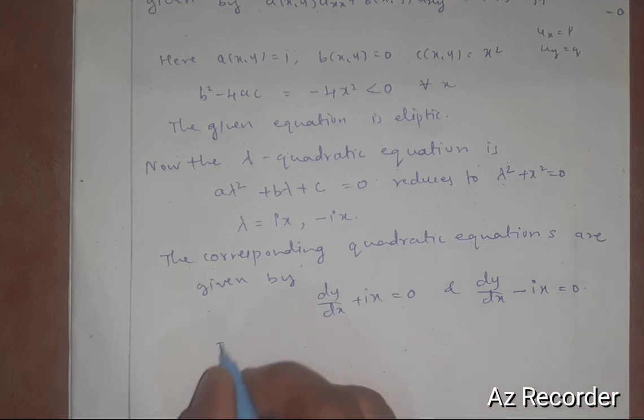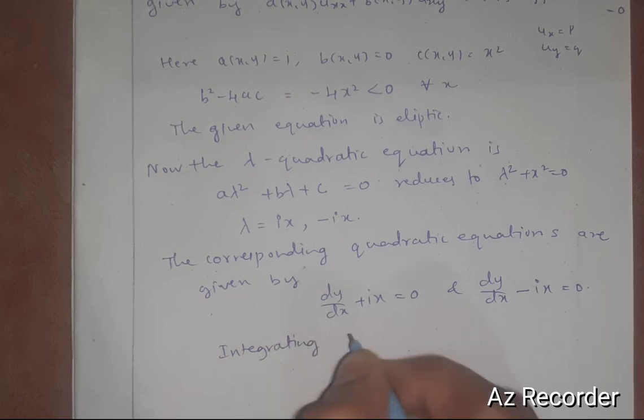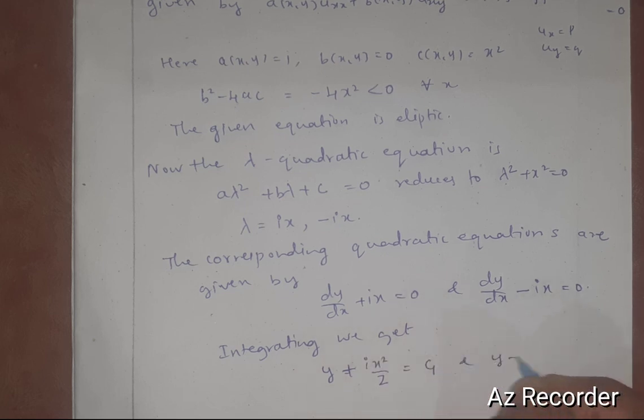So integrating we get y plus ix square by 2 is equal to c1 and y minus ix square by 2 is equal to c2.